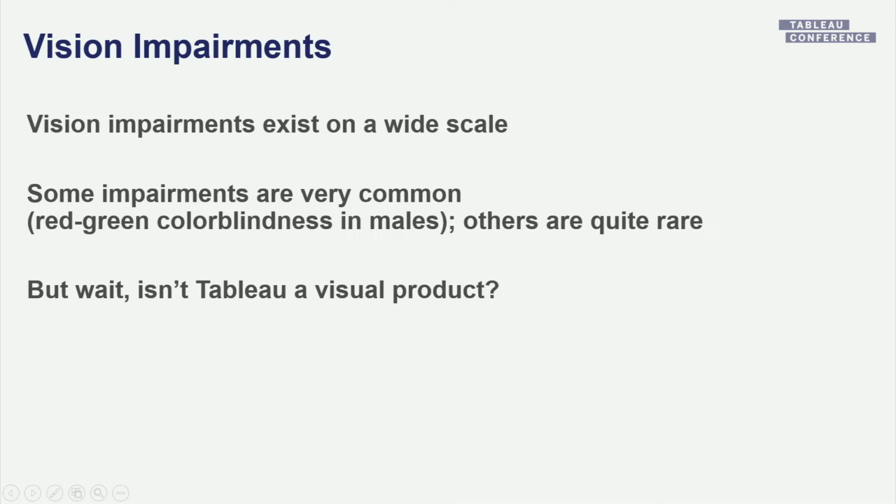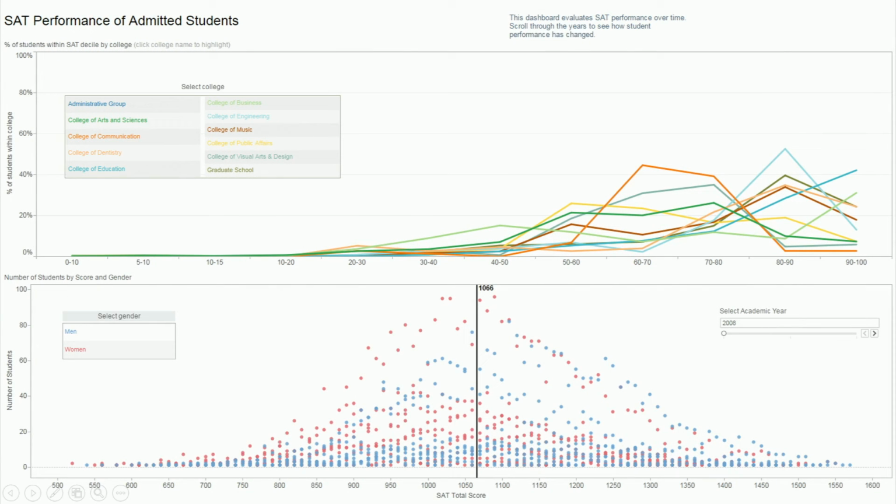So to give some examples of these impairments, I've put together some simulations of basically applying visual filters to a Tableau dashboard to simulate what it might look like to someone with various vision impairments. So here we have an example dashboard. This is actually an old sample that used to ship with Tableau back in the day.